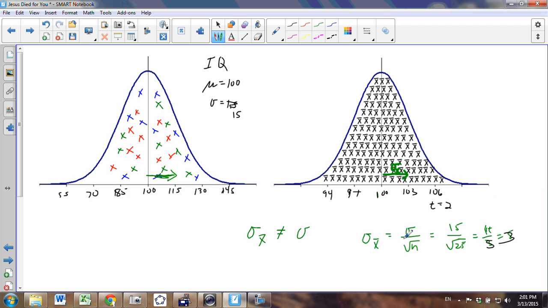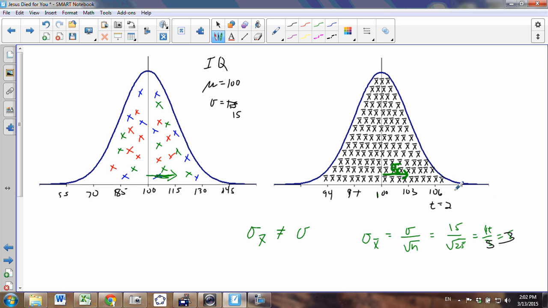And the larger the sample size, it should make sense that the closer these sample means will tend to be to the 100. If you take samples of 100, then you'd have 15 divided by the square root of 100, which would be 10.